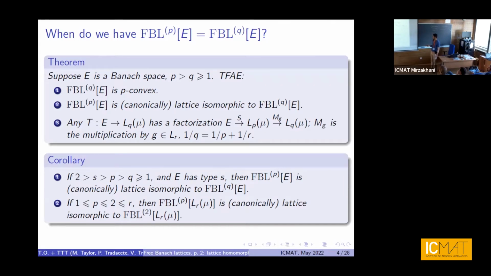One case I should mention is that if we have this kind of inequality between P, Q and S, and the space E has type S, then we have this canonical lattice isomorphism, or equivalently, the P convexity of the Q free Banach lattice.